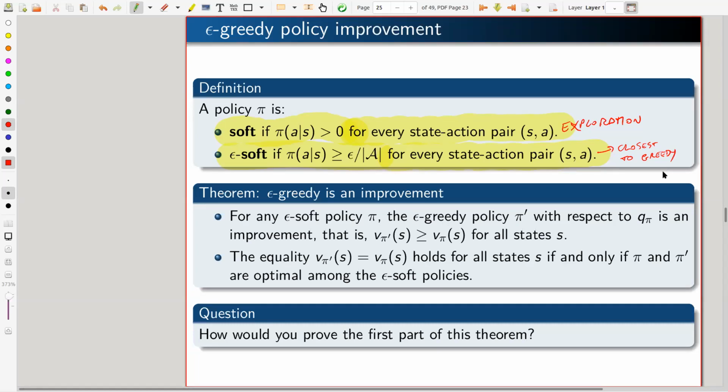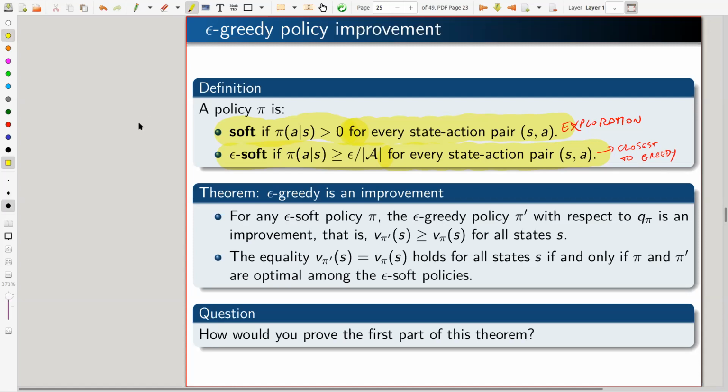So it makes sense to look for your optimal policy, which you know to be a greedy policy, essentially a deterministic policy, in the family of epsilon soft policies. And we have very good news.